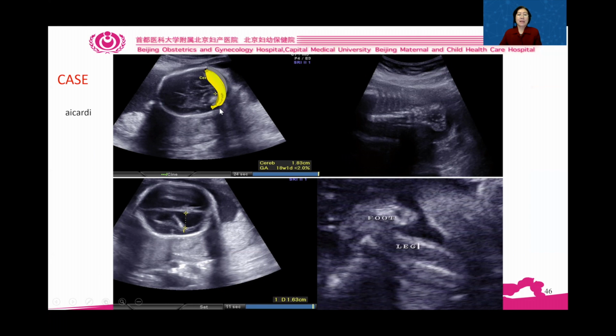Look, banana, cerebellar banana-like shape. Ventriculomegaly here. Club foot, spina bifida here. This is Chiari syndrome.